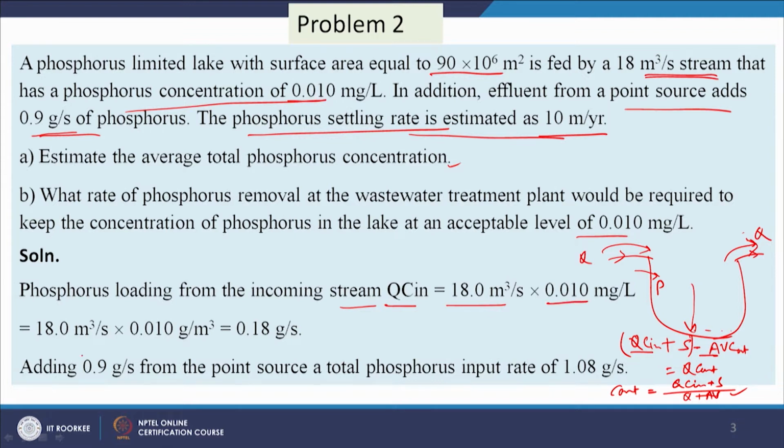So, this is 0.18 gram per second of phosphorus coming from this stream, and another 0.9 gram per second is coming from the point source. So, the total phosphorus input is 0.9 plus 0.18, that is equal to 1.08 gram per second, as mentioned here.